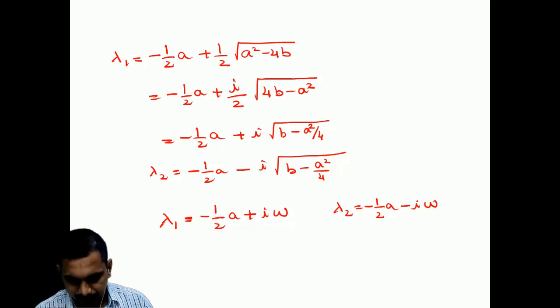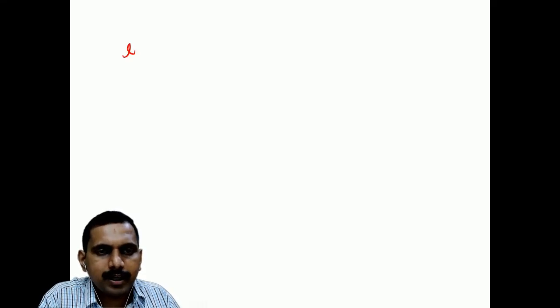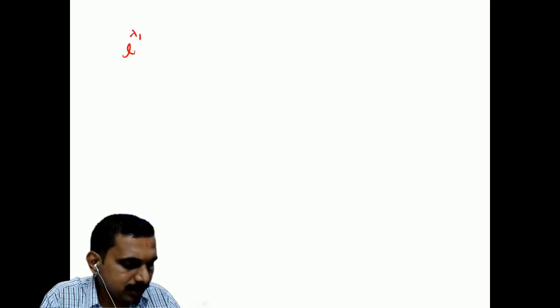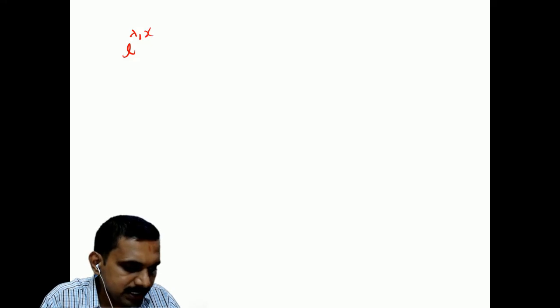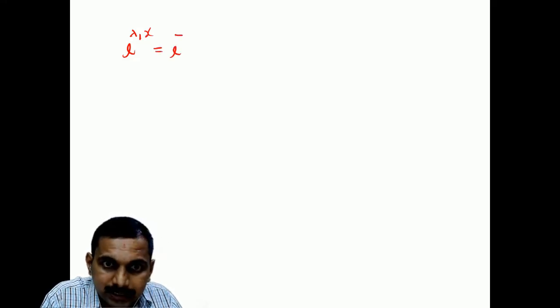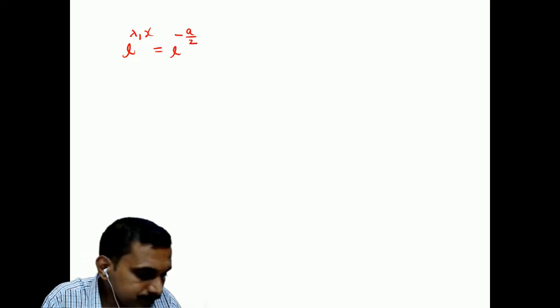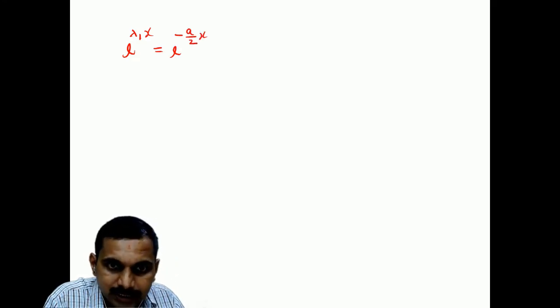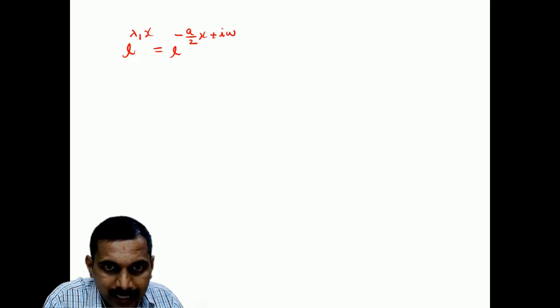Done, sir. Yes. Now let us go further. If I have e power lambda 1 into x, I can write it as e power minus a by 2 into x plus i omega x.